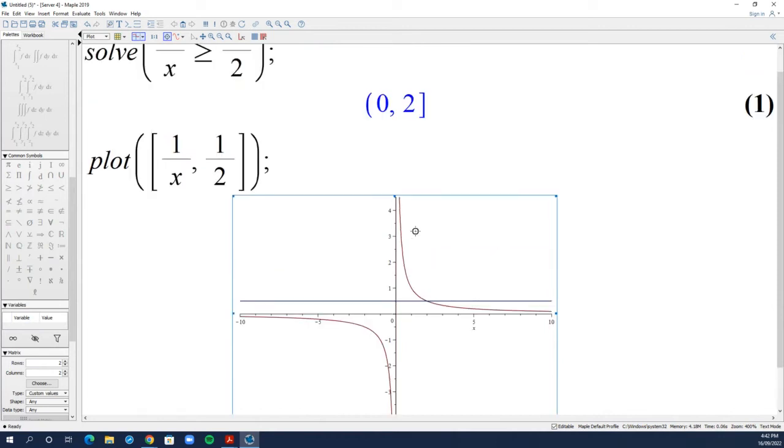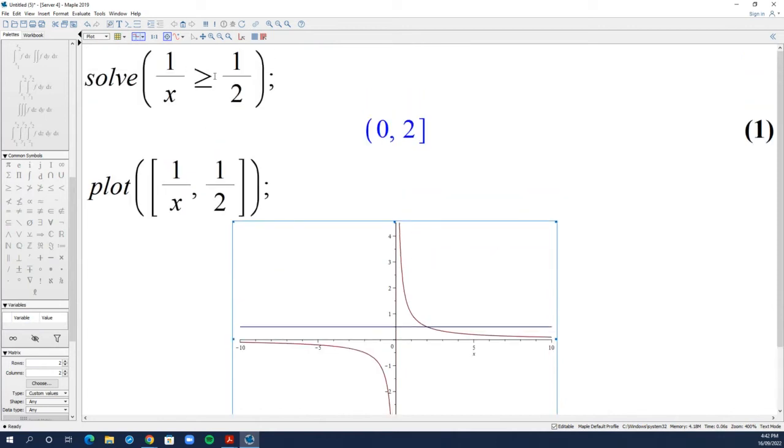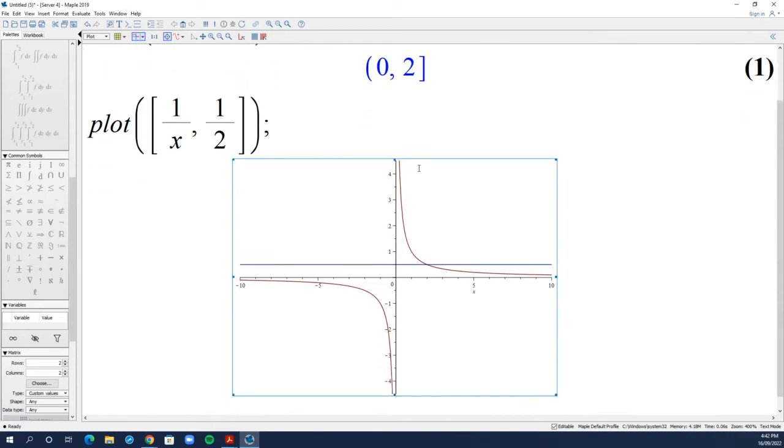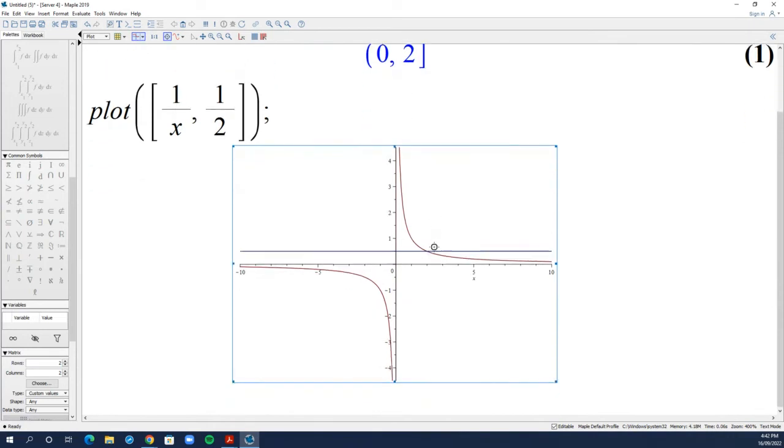So remember, we're solving this inequality here. 1 on x is greater than or equal to a half. So where is the red curve above the blue curve? Well, it's in between these x points. So that's another way of solving that problem, which Maple can help us out with, right?